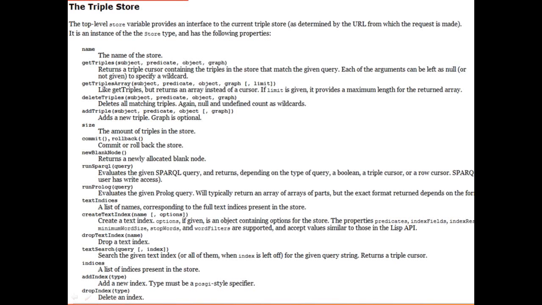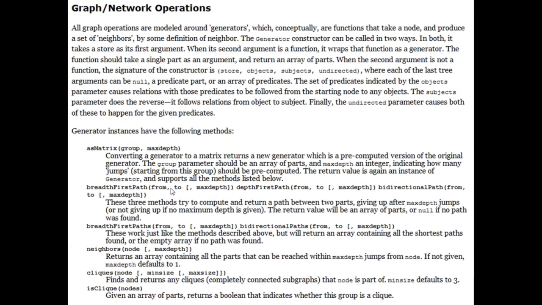In your JavaScript you can also call out to SPARQL or to Prolog, so you can run a SPARQL query, get a cursor back or an array of values, and then manipulate that result. It's a whole bunch of other things. We'll send around this presentation, and you can look at it yourself later.